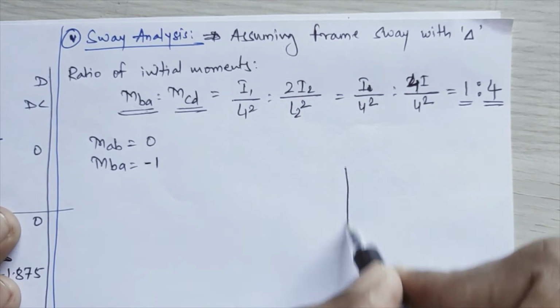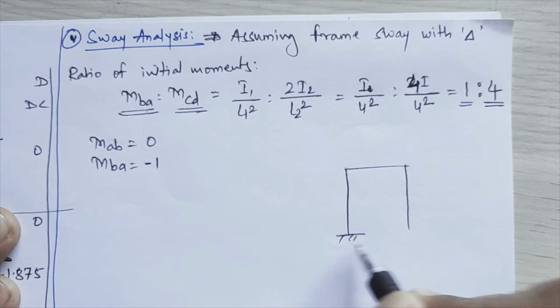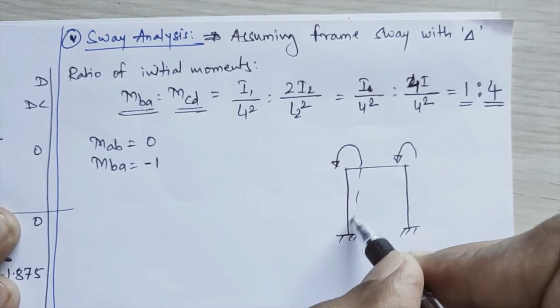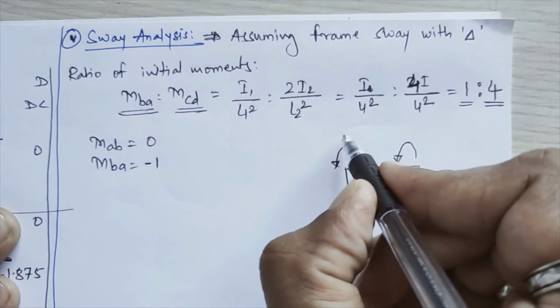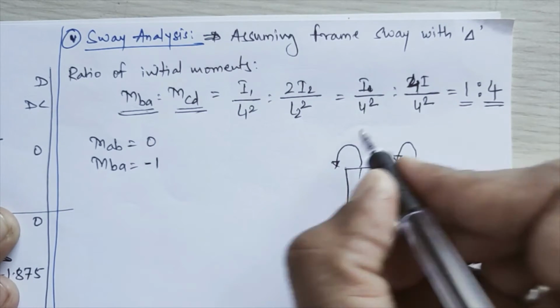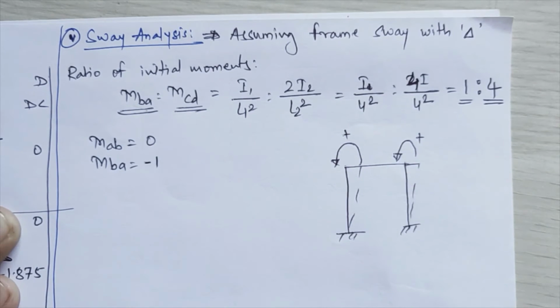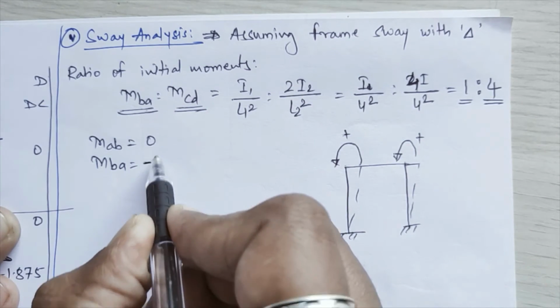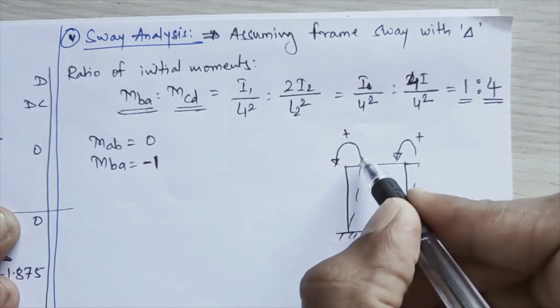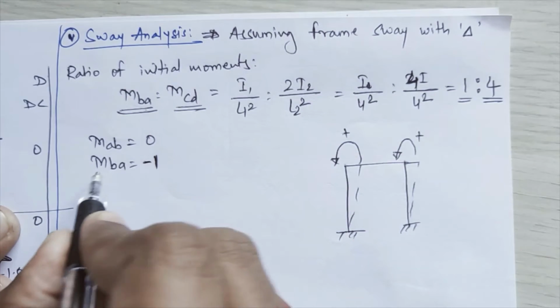Because if you consider this as your frame, and whatever moments you apply here due to translational displacement delta come out clockwise, we consider those as negative, and anti-clockwise as positive. But we consider restoring signs, so that is why we consider -1 here, because both directions are anti-clockwise in nature.